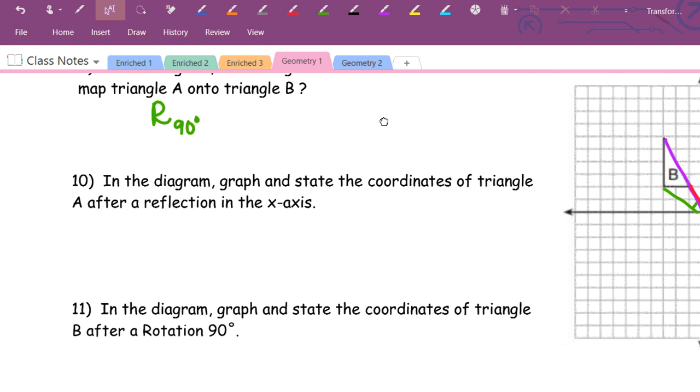What are the coordinates of triangle AB after we reflect it over the x-axis? So that would be A prime. We're going to have to figure out which coordinates we label. So you can give me one ordered pair that we would have after I reflect A over the x-axis.